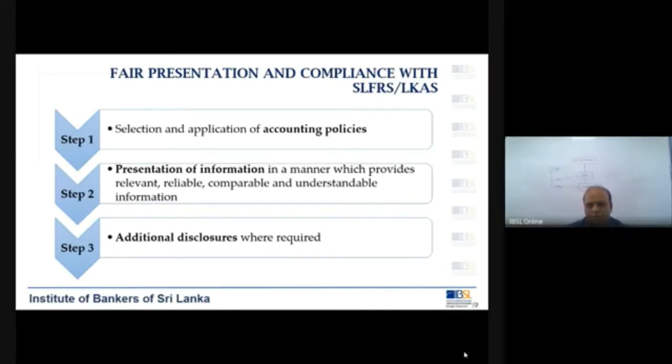When you are presenting financial statements, it has to be relevant, reliable, comparable, and understandable. This applies to you also. When you are writing answers in your examination, you have to write relevantly, with reliable information. Of course, it need not be comparable, but most importantly, it has to be understandable.